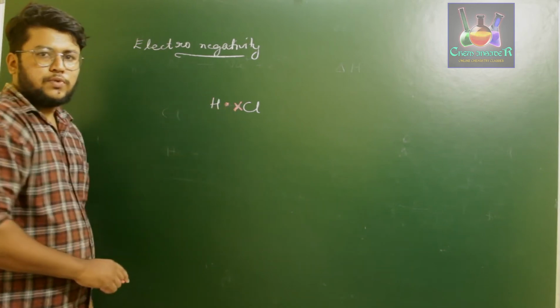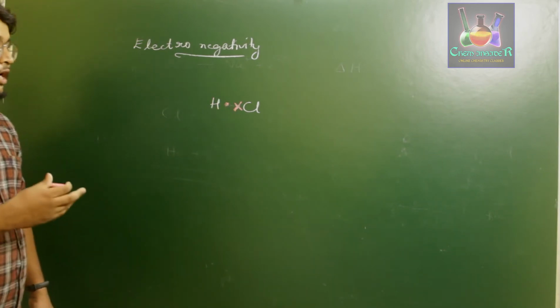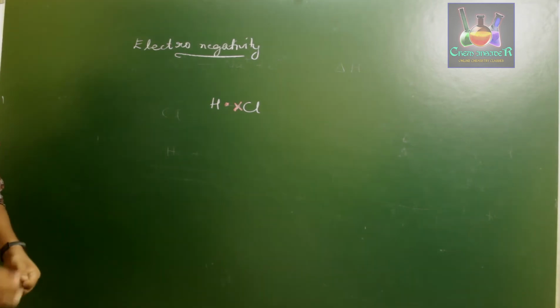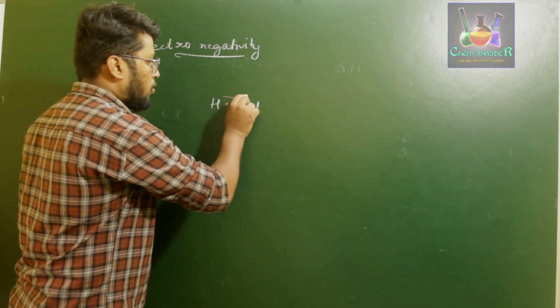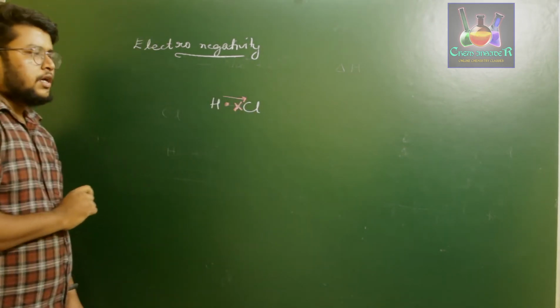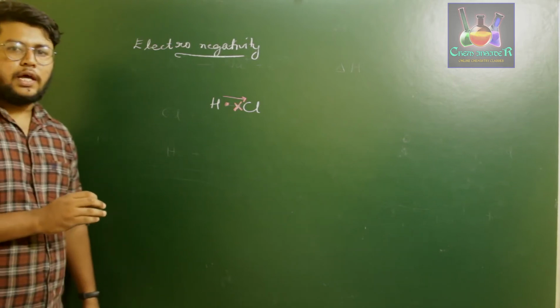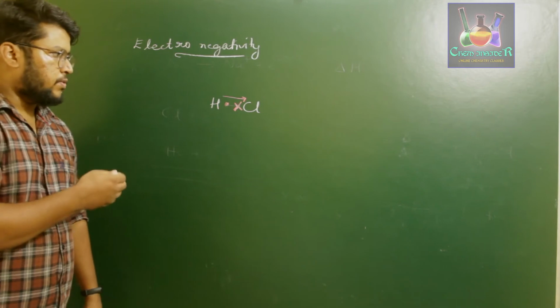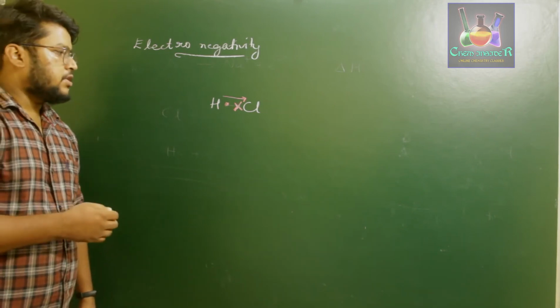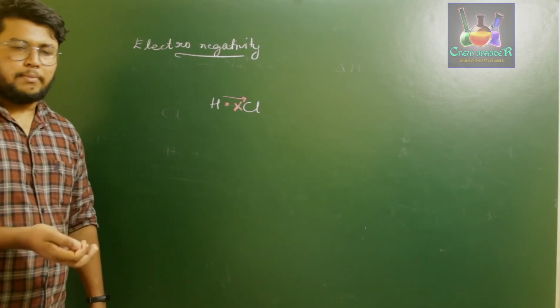These are the two electrons forming a bond between hydrogen and chlorine. Electronegativity in these two elements is defined as the extent of that element to pull those electrons towards itself. In case of hydrogen and chlorine, chlorine has a greater extent to pull those bonding electrons, whereas hydrogen has less of that ability.